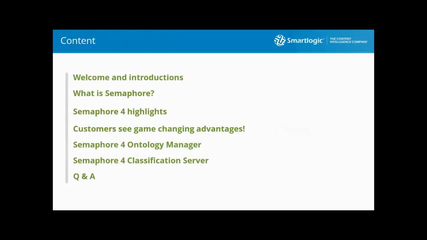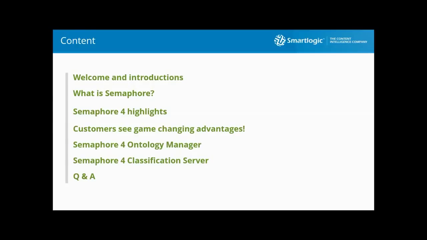So what are we going to talk about today? We're going to talk about what is Semaphore. Many of you will already know what Semaphore is, but it's probably worthwhile for those who don't just to spend a minute or two talking a little bit about what Semaphore is. We're going to talk about the highlights. What are the new things in Semaphore 4 that are making our customers so excited?